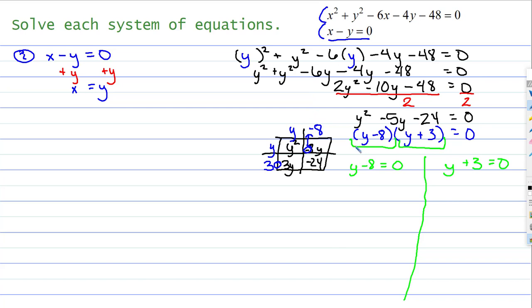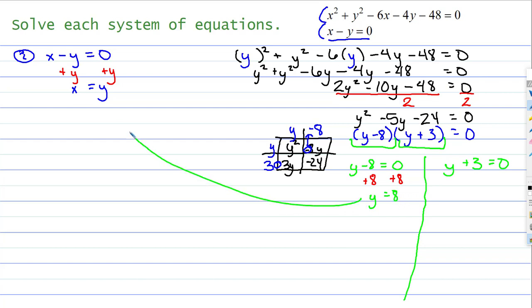And so I'm going to solve for that y. And so y, I need to move the 8 over to the other side. And so y is equal to positive 8.